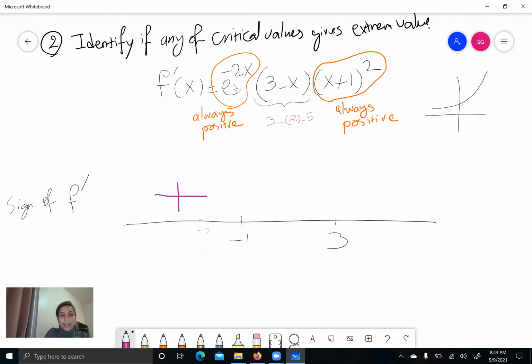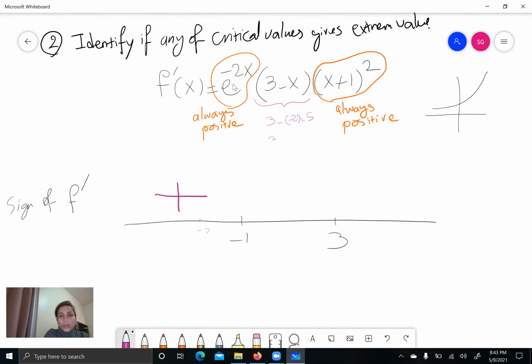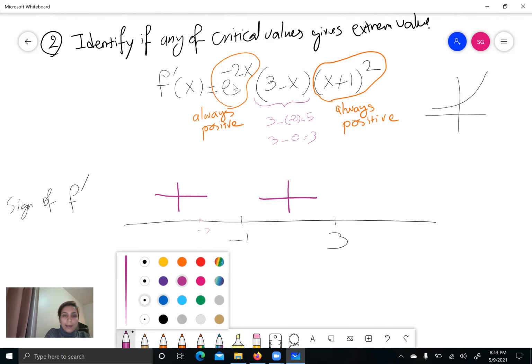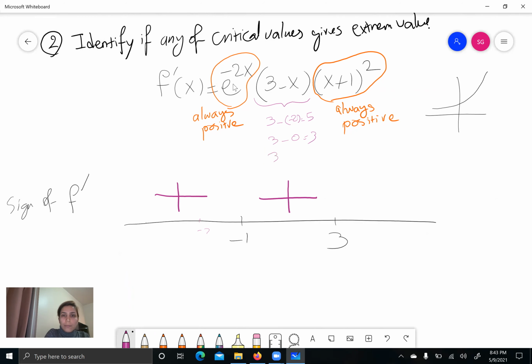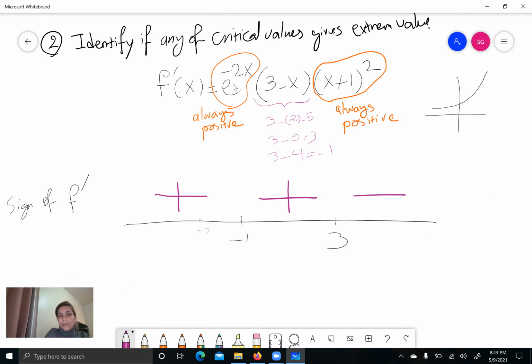What about after -1, for example at 0, between -1 and 3? 3 minus 0 is 3. It's still positive. You see that? So over this region, the function is still positive. What about after 3, like 4? At 4, 3 minus 4 is going to be negative. Okay, over here, the sign is going to be negative.